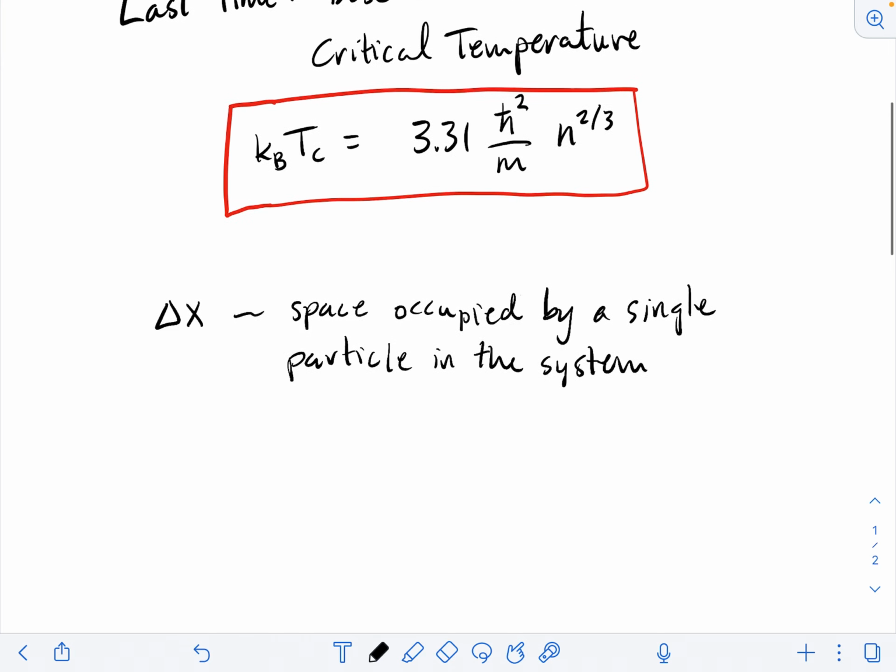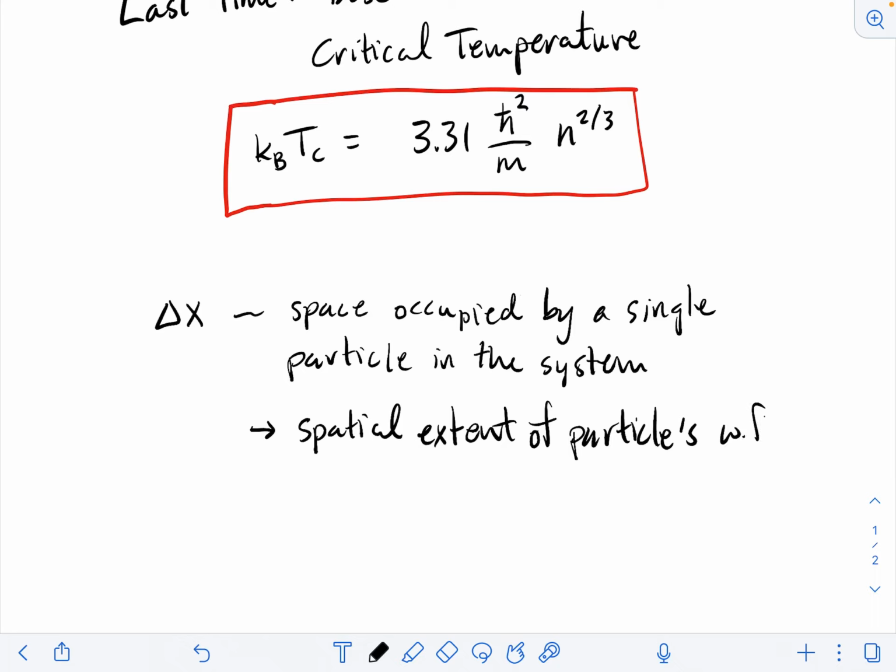So from the Heisenberg uncertainty principle, we know that we can't pinpoint the exact position of a particle, and so what we're going to use to represent this space occupied by the particle is the spatial extent of the particle's wave function, or alternatively the de Broglie wavelength.